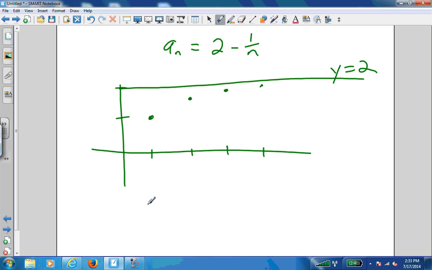And one of our theorems says if we have a sequence that's monotonic, it's going either up or down, never both, and it's monotonic and bounded, then it converges.